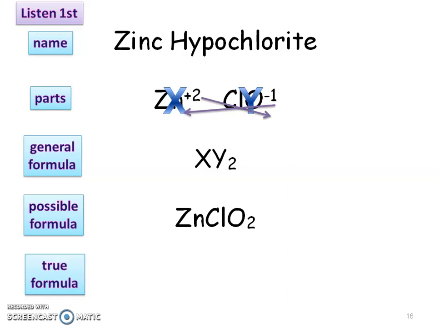At a first glance, ladies and gentlemen, that looks fine to me. However, notice your polyatomic ion is ClO with no oxygens. So this chemical name would be zinc chlorite, not hypochlorite. So we still need those parentheses around hypochlorite, even though it doesn't have a number with the polyatomic ion.